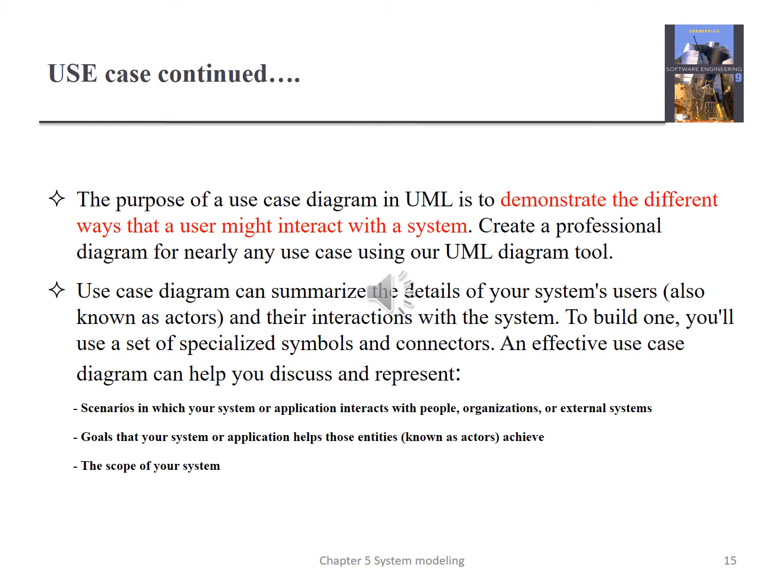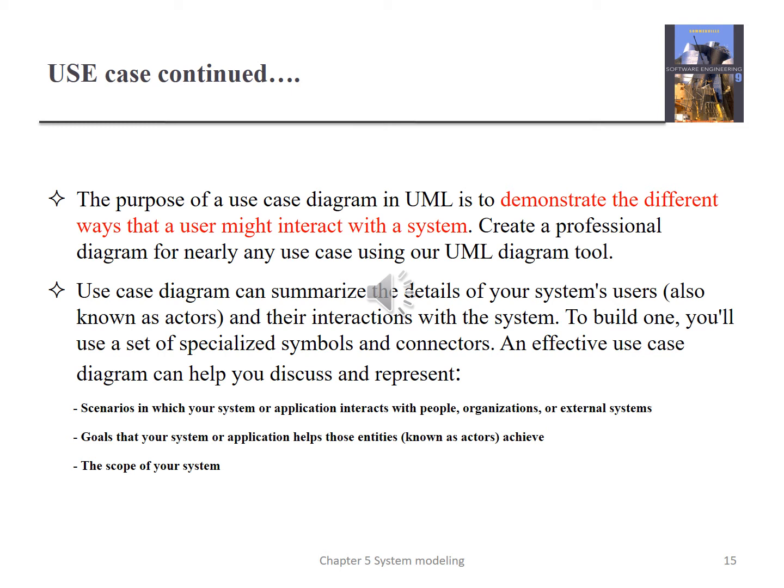Okay, the purpose of the use case diagram is to demonstrate the different ways that a user might interact with a system, as we just said in the previous slide. Create a professional diagram for nearly any use case using UML diagram tools.